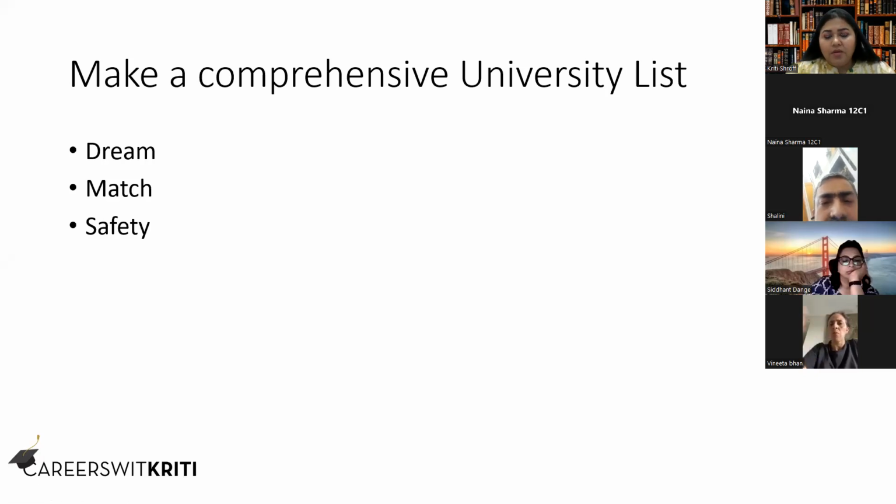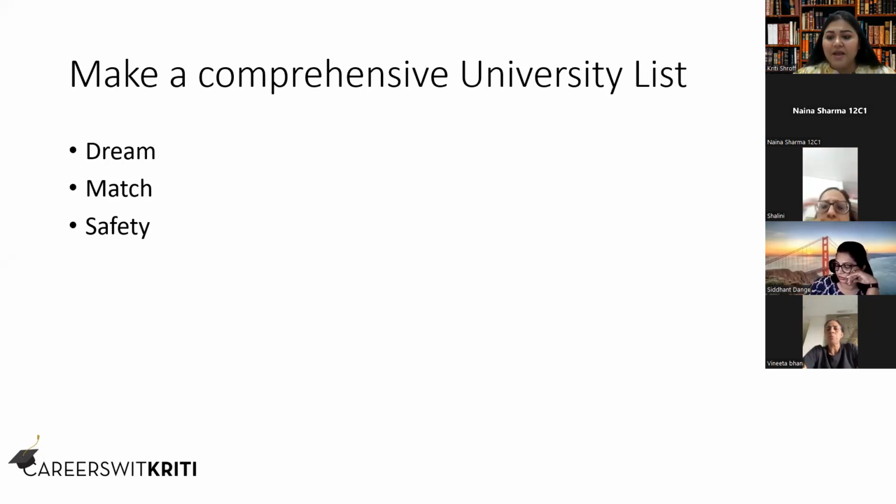Now, how to begin with? The first and the foremost part is making a comprehensive university list. I really urge all the students and parents who have joined in today to spend sufficient time in making a comprehensive university list.